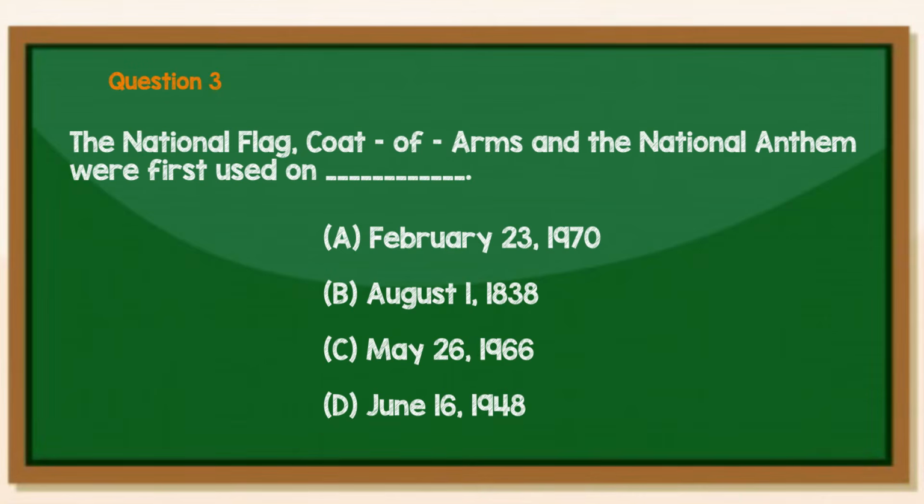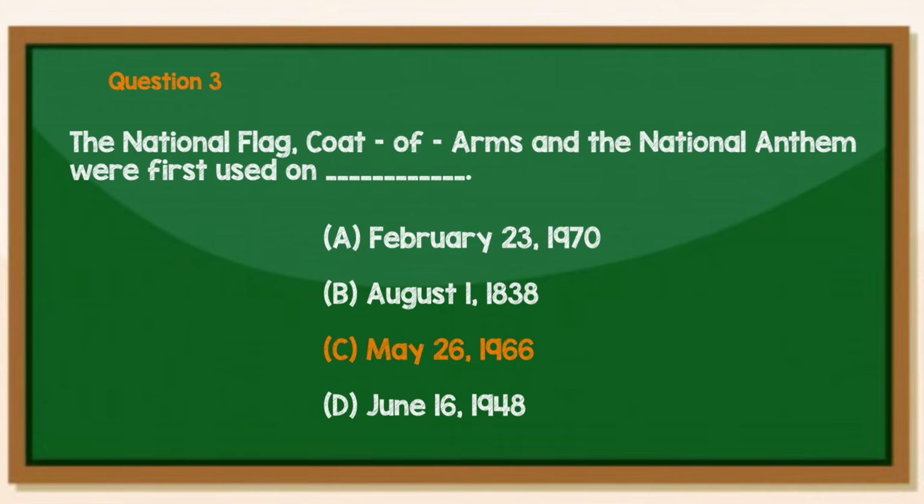The national flag, coat of arms, and the national anthem were first used on A. February 23, 1970, B. August 1, 1838, C. May 26, 1966, or D. June 16, 1948.